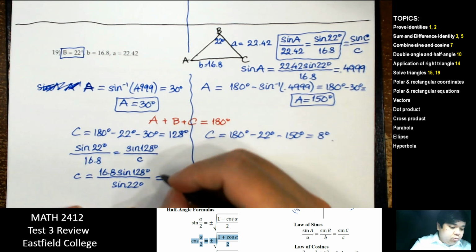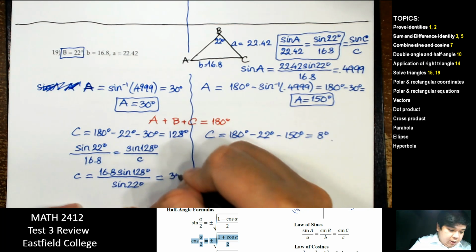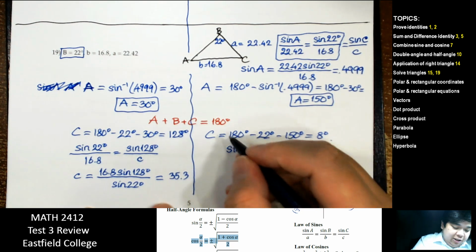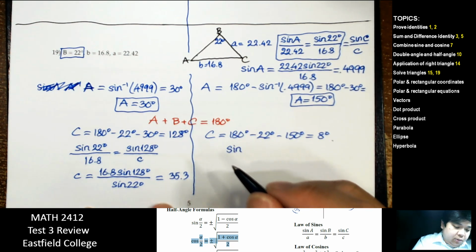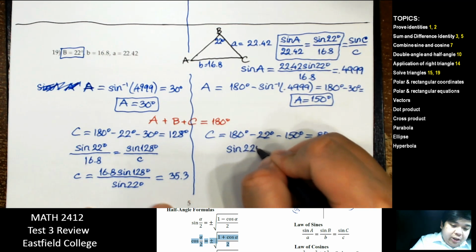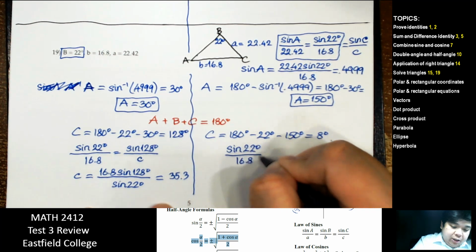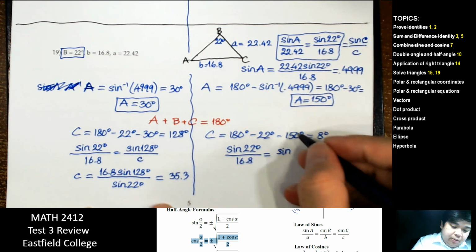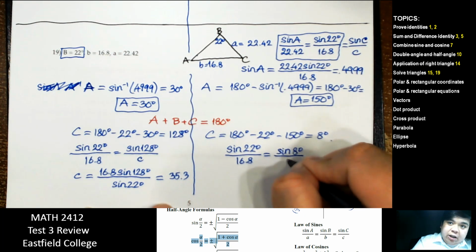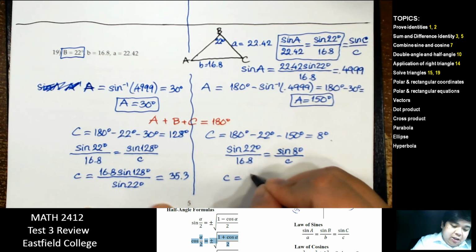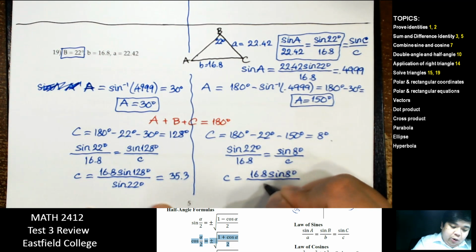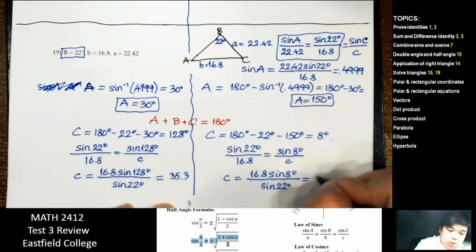So we have 35.3 here. And on this side we have a similar thing. Sine 22 degrees over 16.8 equals sine of 8 degrees over little c, and so little c is 16.8 times sine of 8 degrees over sine of 22, and doing that we should have 6.2.